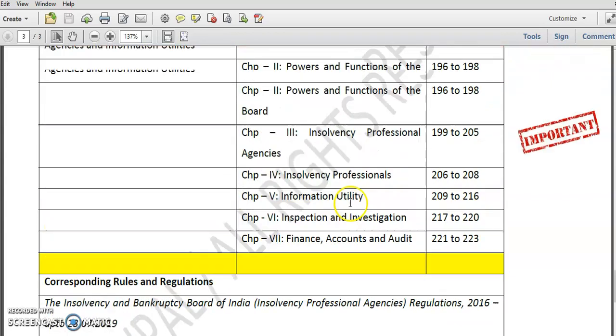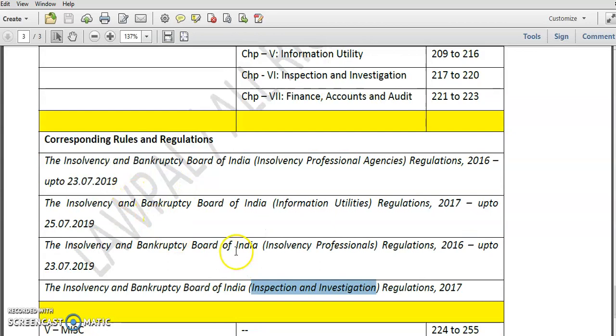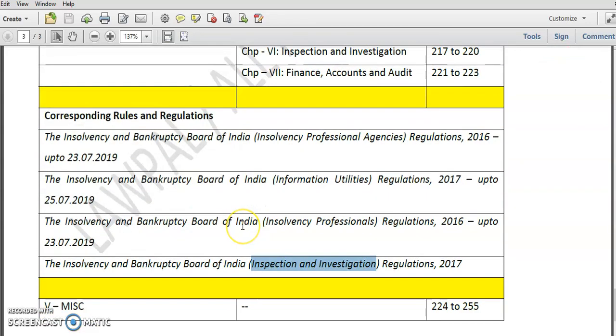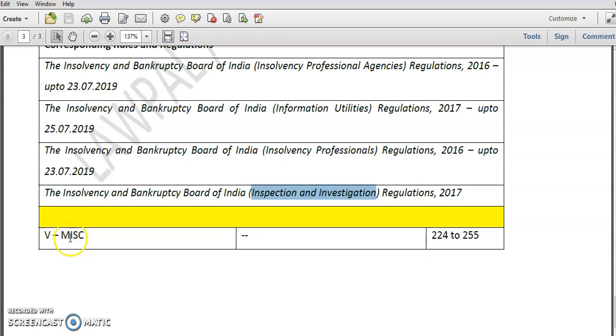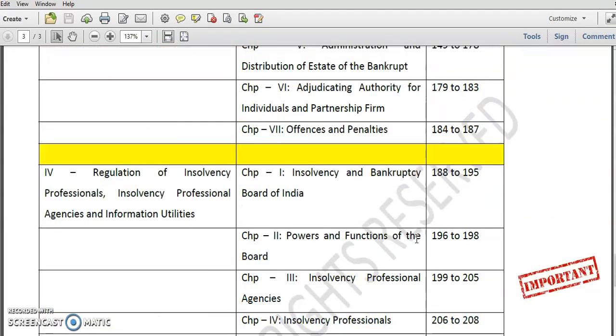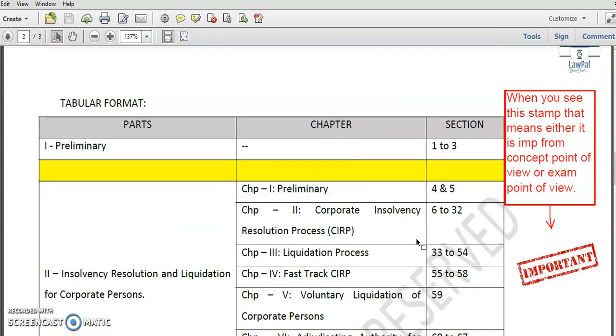So if you see, along with the sections, the corresponding regulations are given. So we have to read the sections in tandem with the regulation to understand the complete law. Okay. Then chapter 5, miscellaneous, no chapters, with section 224 to 255. Okay. So this is the brief structure of the Insolvency and Bankruptcy Code.